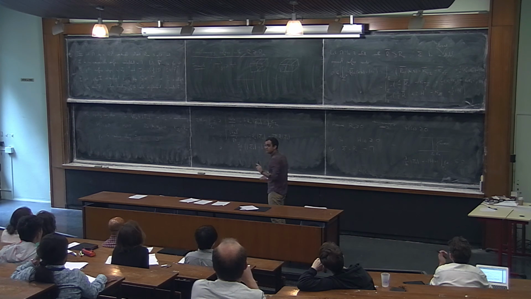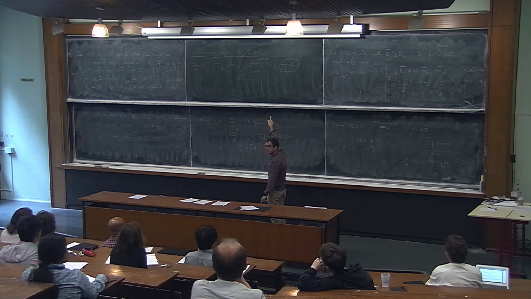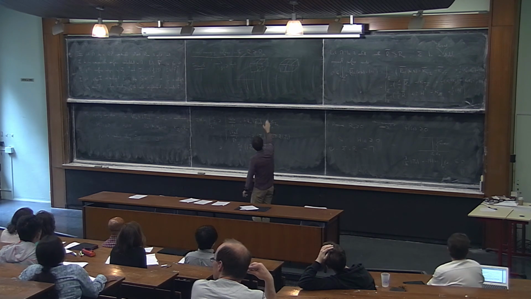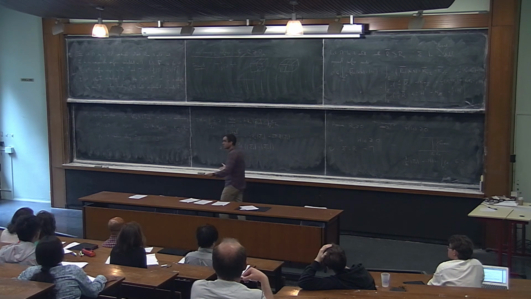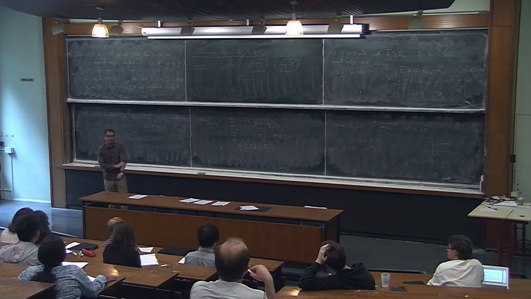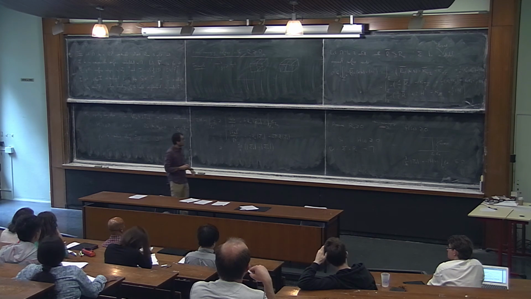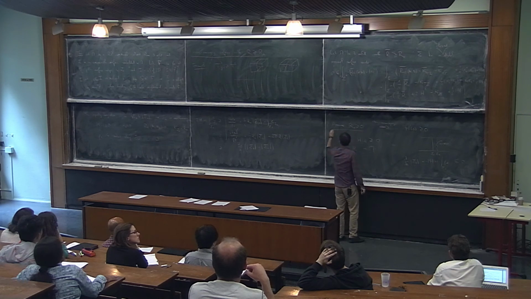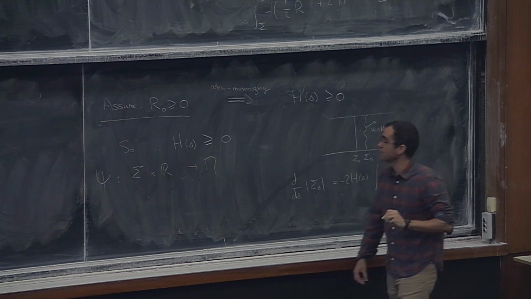It could be compact. Yes, you can think about the torus. Everything applies to the three-torus. The thing is that the three-torus is a quotient of the product of the two-torus with R. Okay, it's just this. So of course, here I made some assumption. I assume that R naught is non-negative.